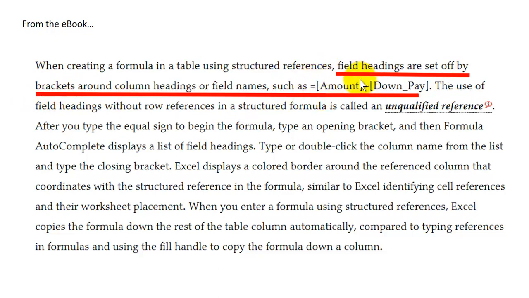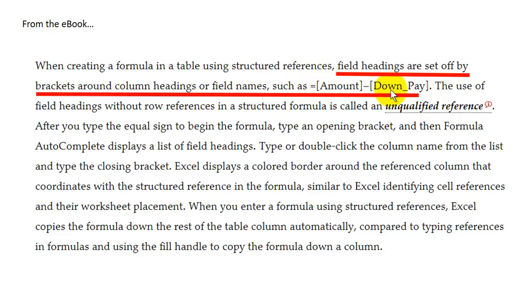Parentheses are round. There's curly brackets that are kind of more fancy. But the square bracket, that is how Excel is going to understand that we have a field or a column in our table called amount or down pay. Okay? Do you start to see this?